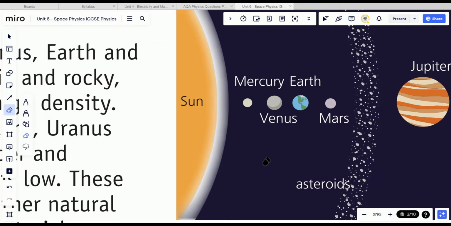Basically, the atmosphere in Venus is very thick as compared to Mercury. Mercury has less gas as compared to Venus. So because of that atmosphere, the temperature in Venus is way more than Mercury because of the gases in that atmosphere. Do you guys get this? Okay, so in our atmosphere, what do we have?